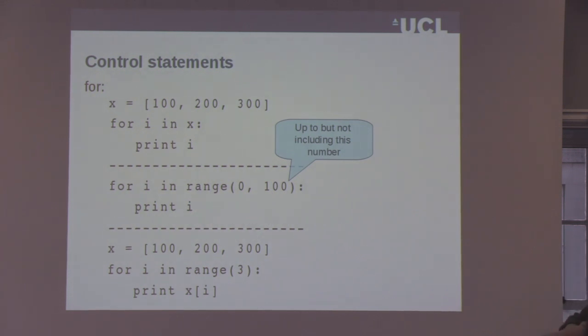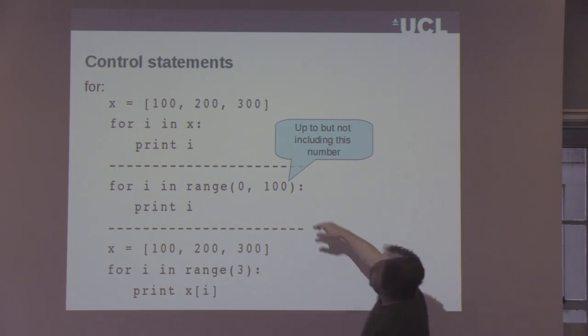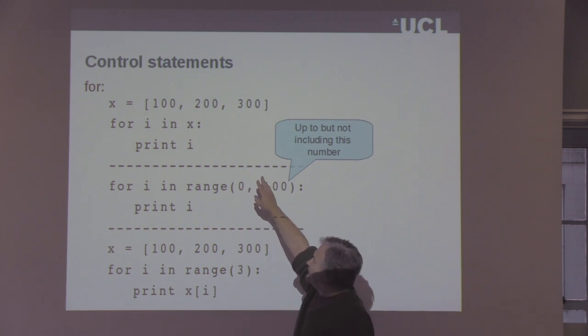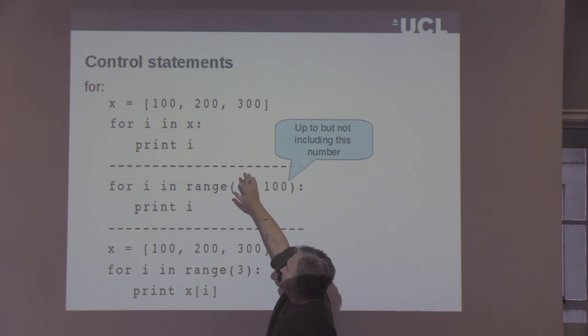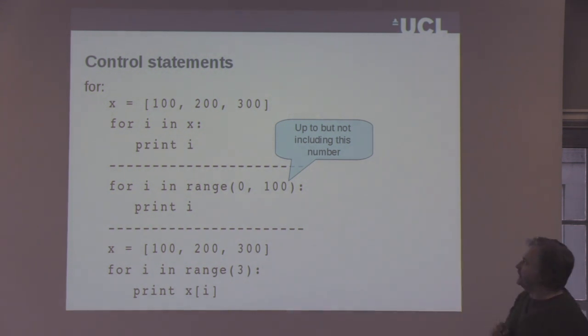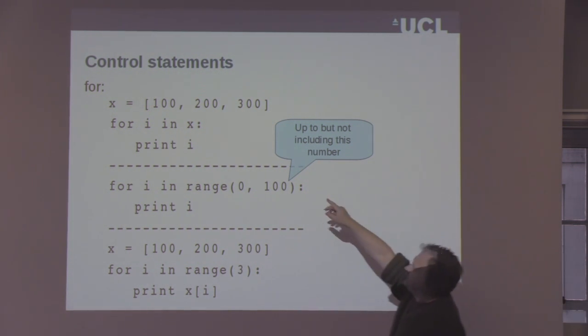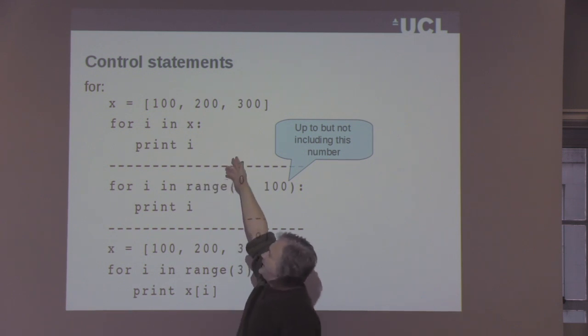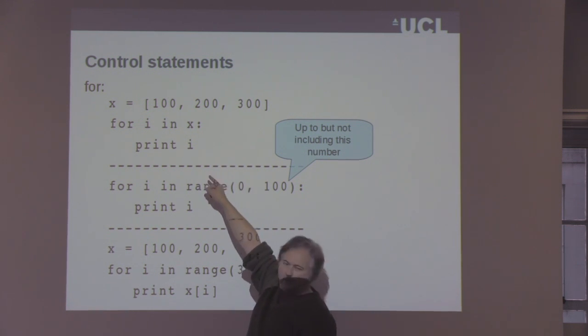A similar sort of thing is a for loop, which can be used in a number of different ways. It can be used for stepping through the items in a list. So if we've got a list here called x, we can just say for i in x, print i.